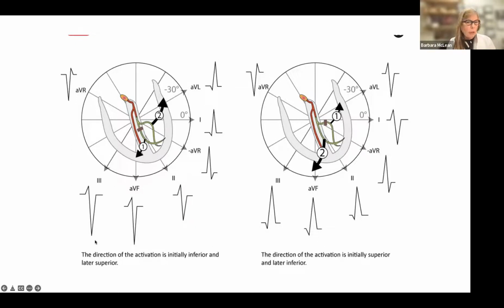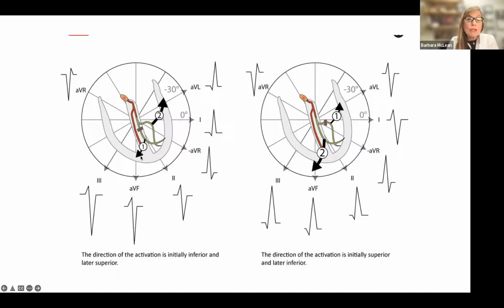Now, unless you're really interested in EKG, you're never going to look at this. You're not going to be really worried about it, except for one thing. You pray that your patients do not have a complete left bundle. But patients have incomplete left bundle, and with incomplete left bundle, what they're primarily going to show you is a small bit of widening, usually between 0.10 and 0.12, not wider than 0.12 but wider than 0.10, and an axis deviation.